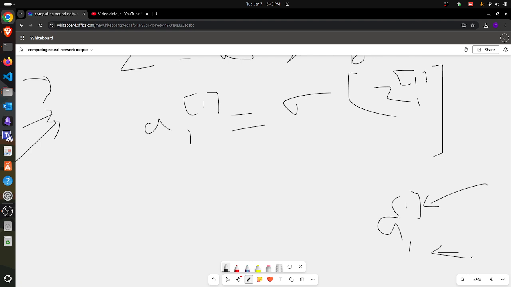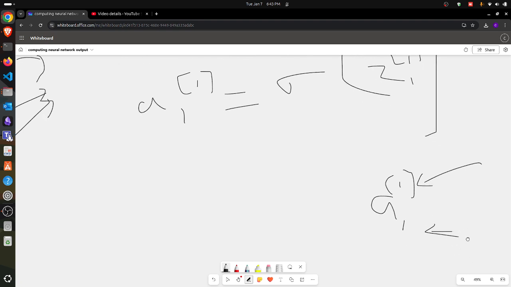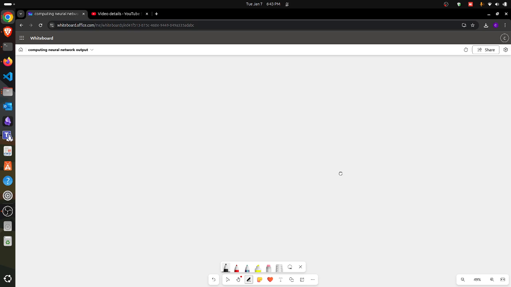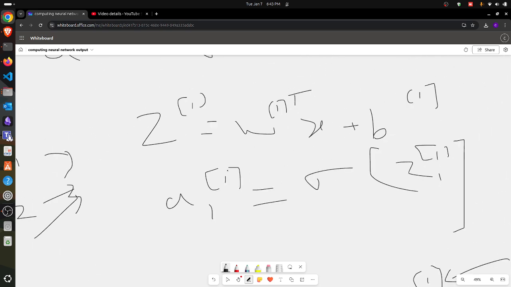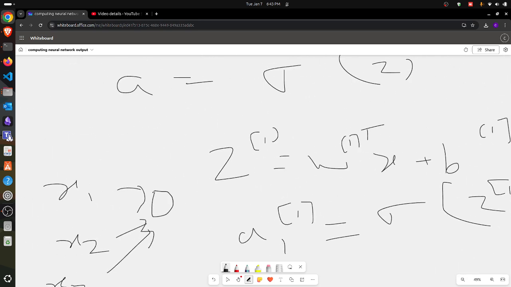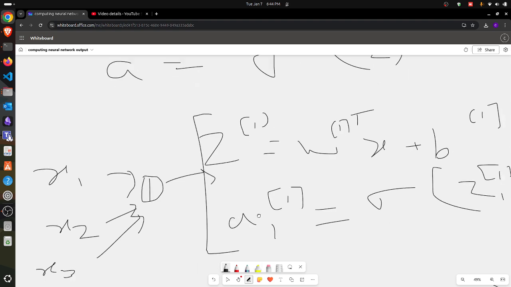Basically, imagine this as a node. So that's our equation for this. Imagine this as the first node, and that's our equation for the first node.